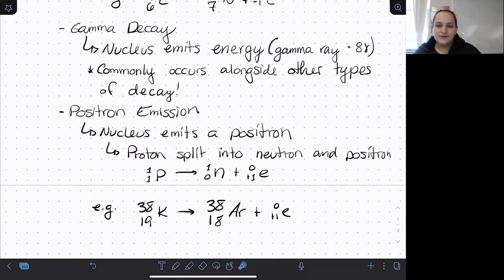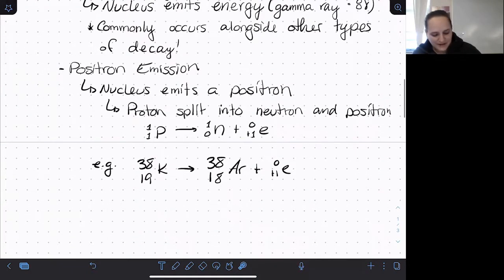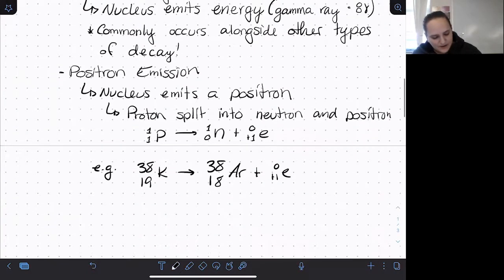Because positrons and electrons are really, really similar, positron emission and beta decay are very similar in terms of their hazards and potential for cellular damage.